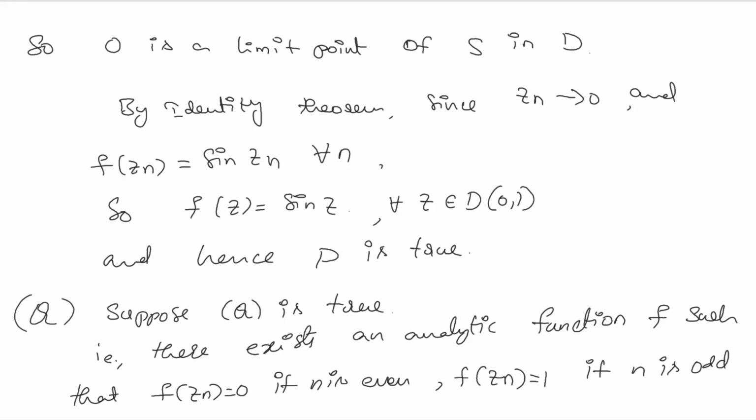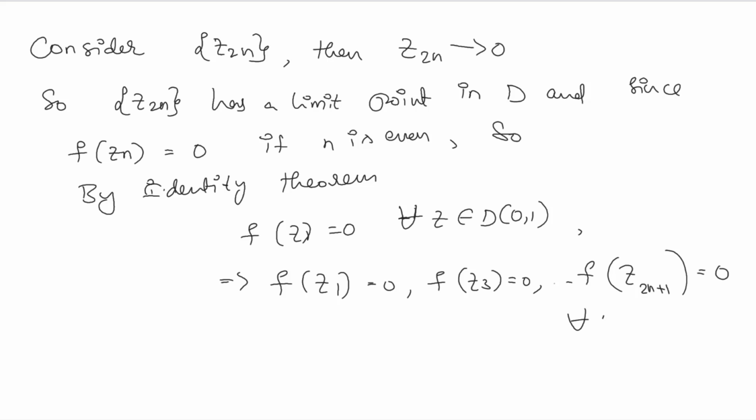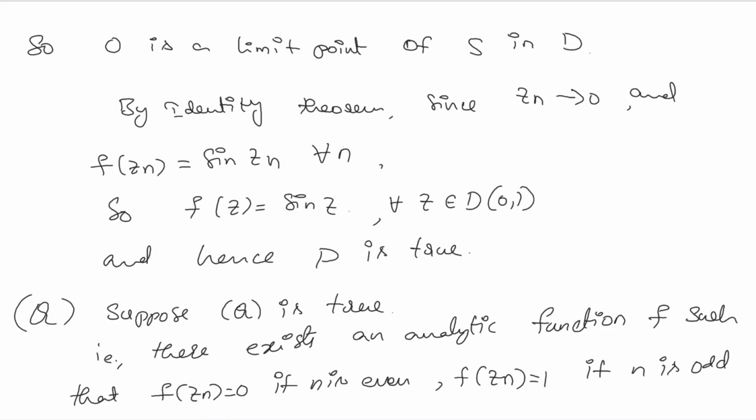But one more condition is given: f(Zn) = 1 if n is odd. In this case, f(z1) is also 0, f(z3) is also 0, and so on; f(Z2n+1) = 0 for all n in N. This is a contradiction to the given statement that f(Zn) = 1 if n is odd.